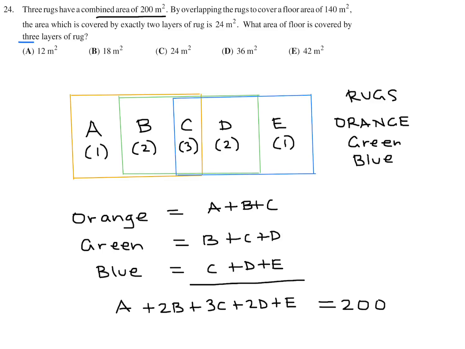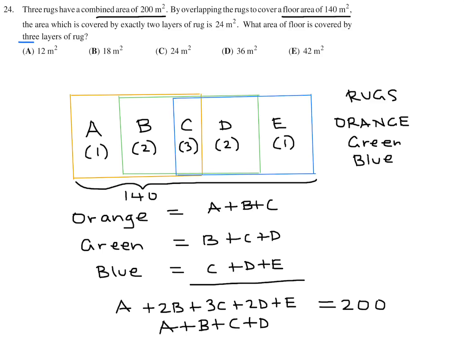The next is by overlapping the rugs to cover a floor of 140. So they're saying that when you make an overlapping of that nature, that total area is 140. So that basically means that A plus B plus C plus D plus E is 140.